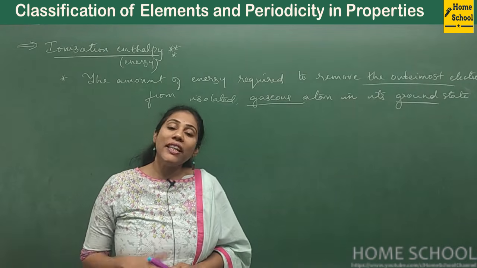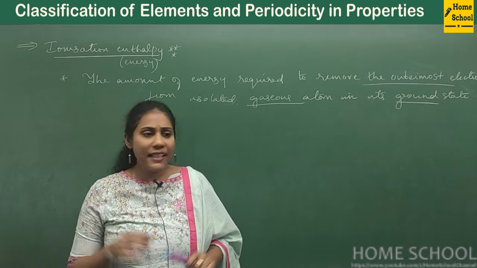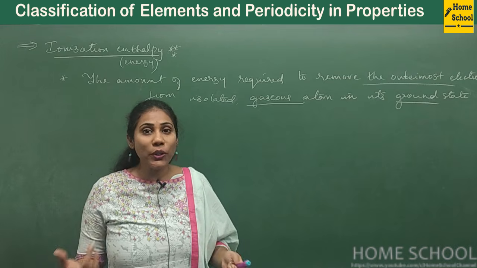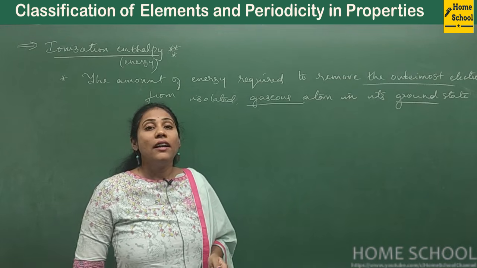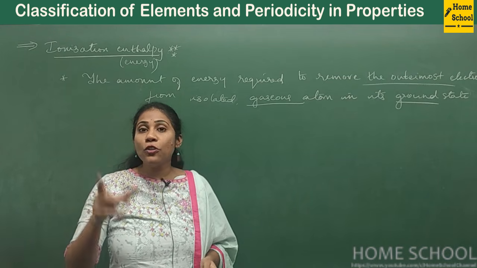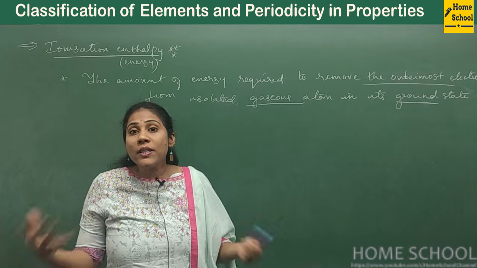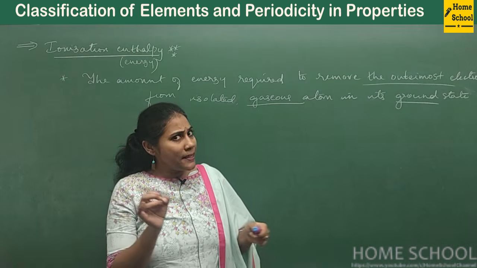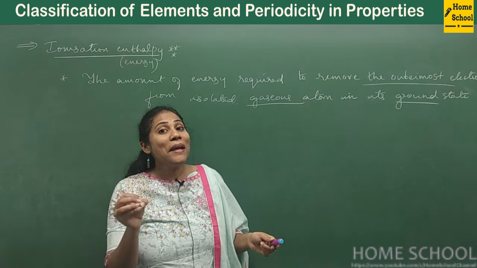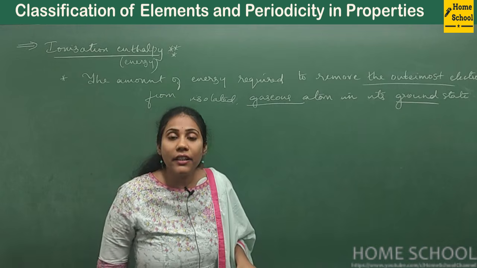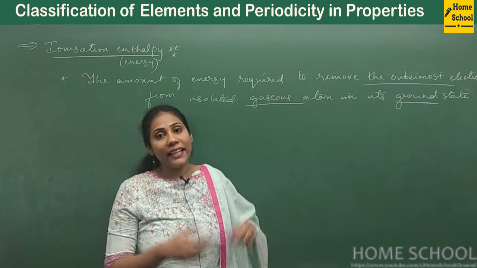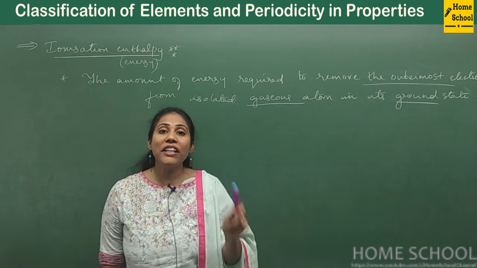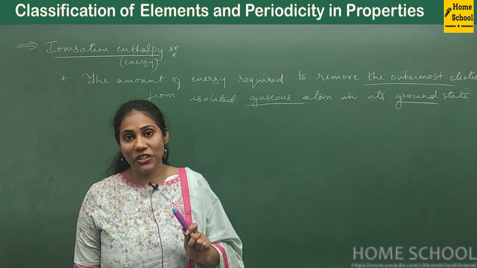There are always some elements that lose electrons, like sodium, which will lose one electron, and magnesium, which will lose two electrons. Why do they lose electrons? It is to achieve stability. But they can't simply lose electrons; some amount of energy needs to be supplied to remove that electron, and that energy we call ionization energy.